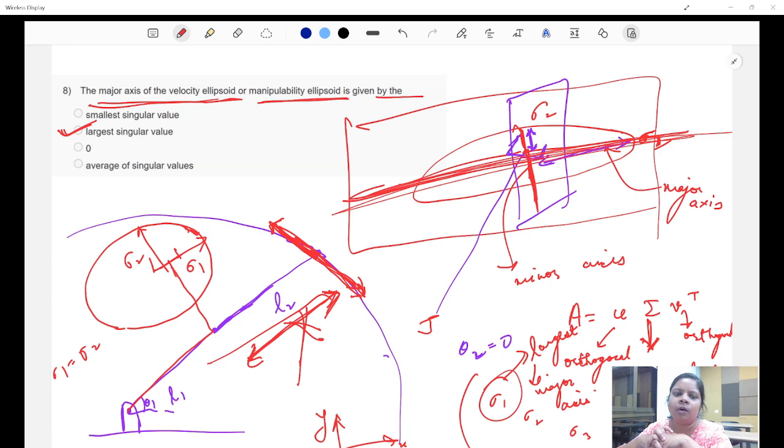For the J matrix, you won't be doing it. It will be for J inverse only. I think the J inverse option should be correct. For J, no need of finding out the SVD. No, I think for J inverse you'll have to find out. I think I'll look into that once more.